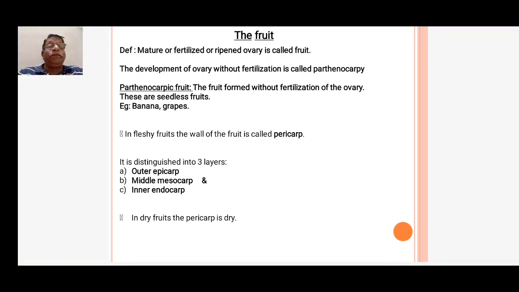Yes. The next part. Sometimes in nature, the fruit develops without fertilization.